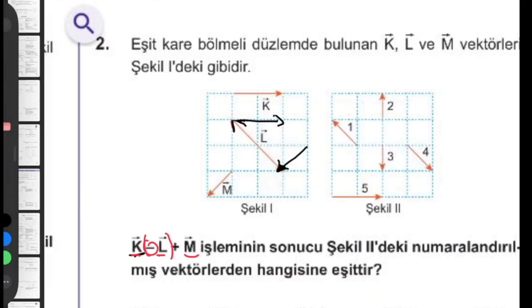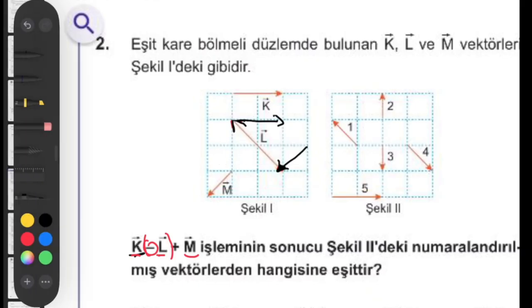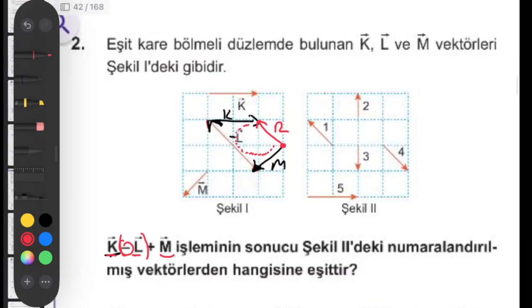Now you have M, you have M minus L and K, and you need to start with initial, follow the arrow, initial, final. This is your R. It seems that this R equals to 1.